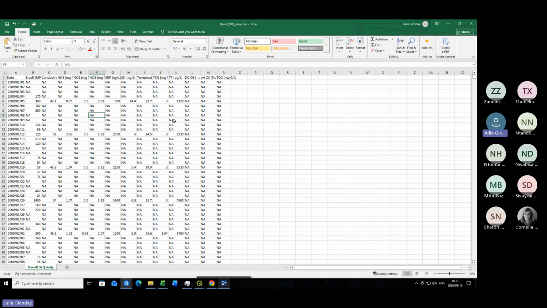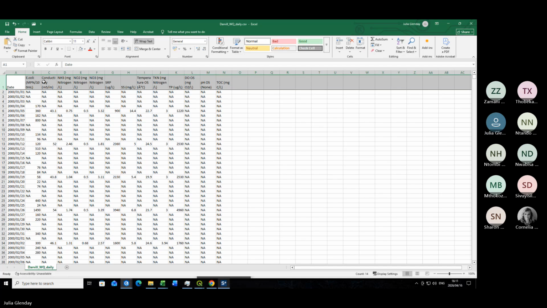Okay, so this is water quality rather than flow, so that's different. When I work with the data and the coding that I do, it replaces all the blanks with NA for no number.